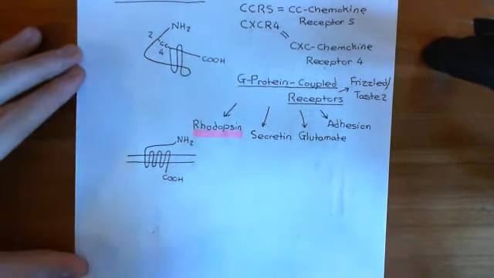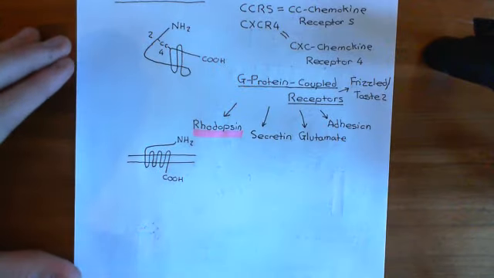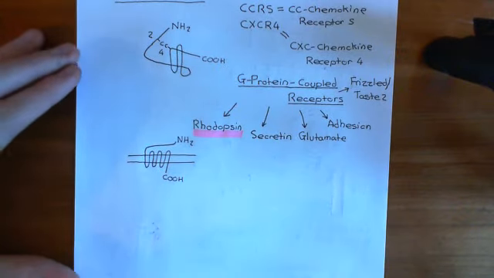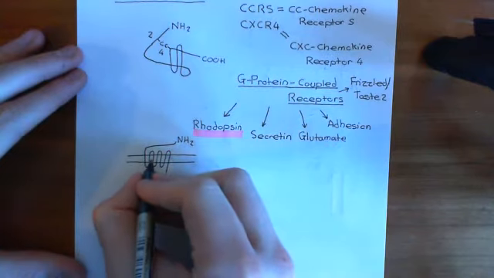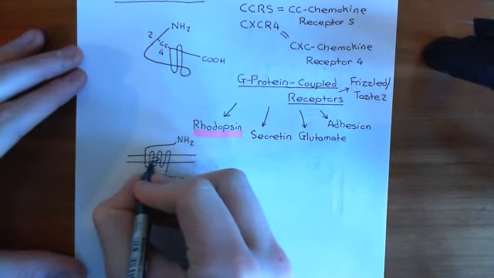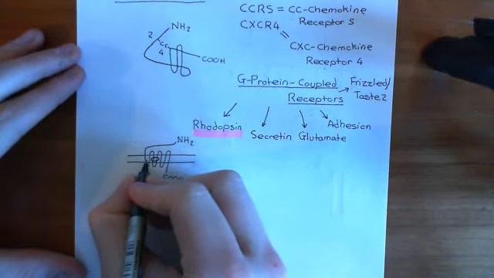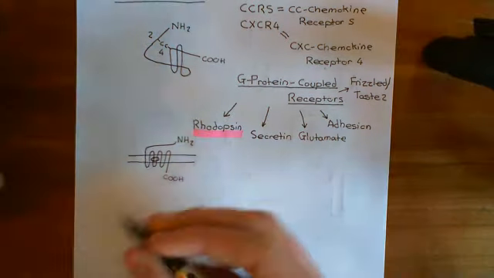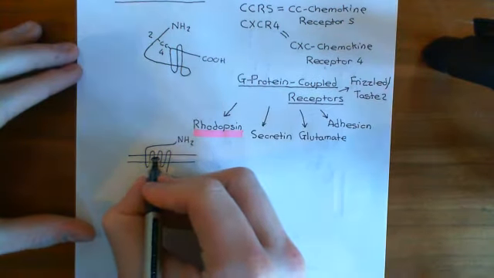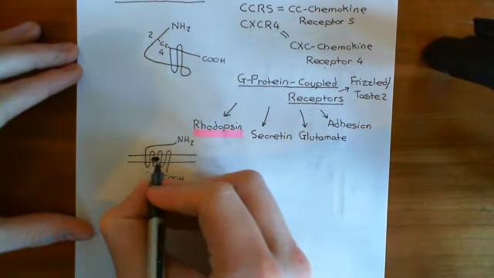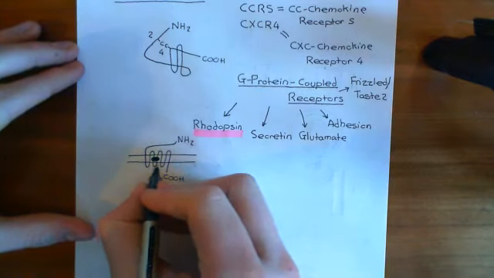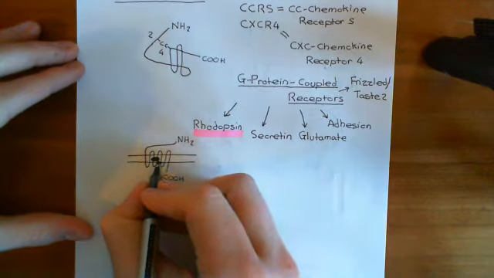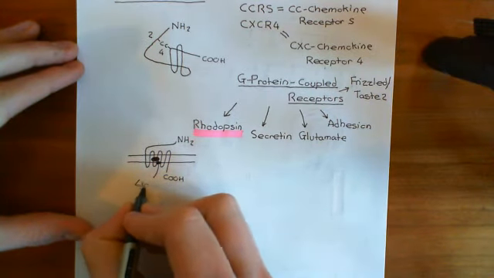The characteristic feature of members of the rhodopsin family is that they bind their ligand through their transmembrane domains. The ligand will bind by interacting with residues in the transmembrane domains. So here is the ligand, basically.